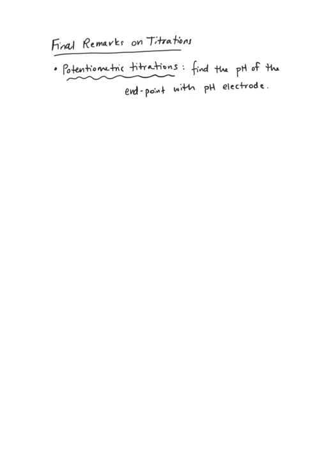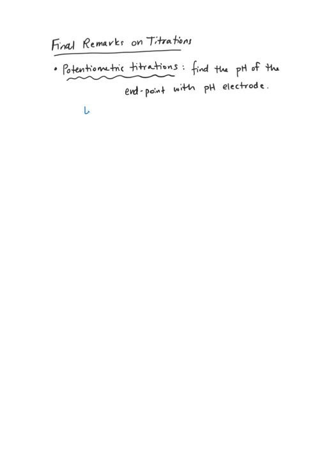So before we round out this chapter, let's discuss some final reflections on titrations. It's possible to carry out a titration using either potentiometric or indicator methods. Using potentiometric methods requires that we have a pH electrode that constantly measures the pH of a solution as we add titrant to our analyte.